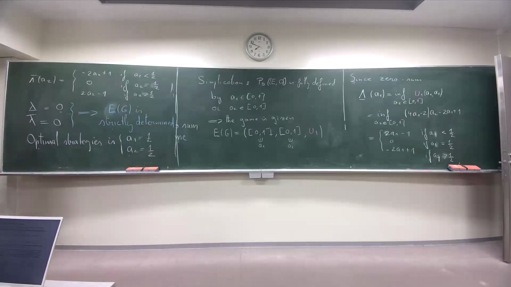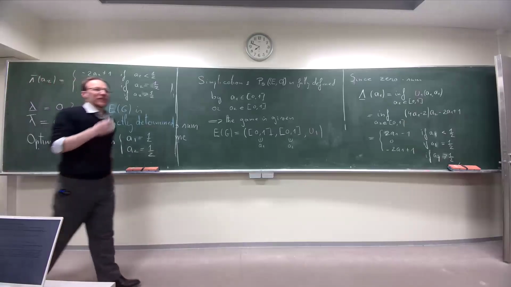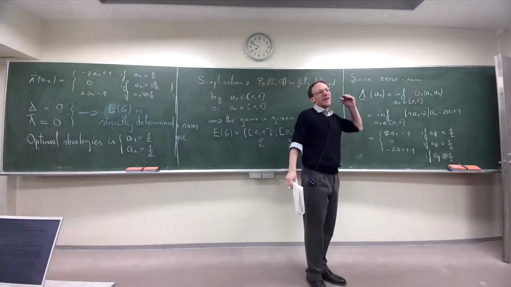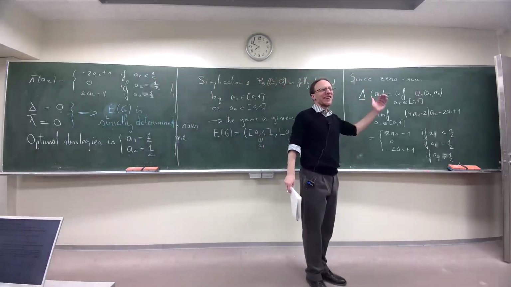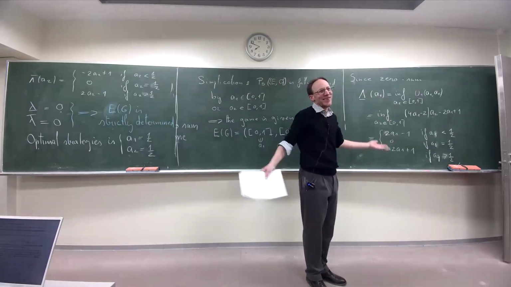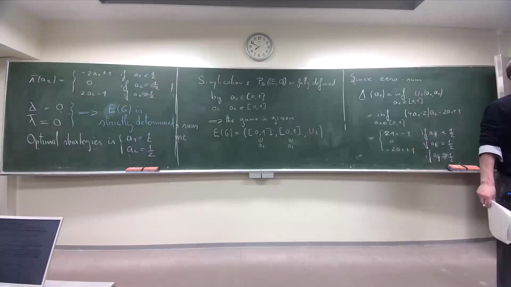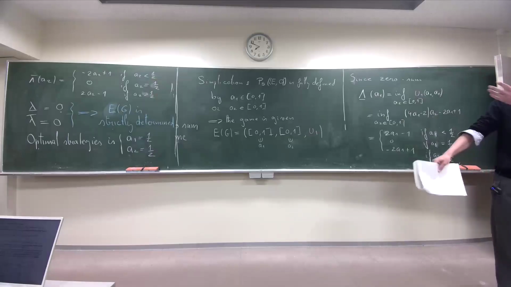I told you you are going to be disappointed. We did everything, and what we obtain is that for each player, you had better play half of the time even, half of the time odd, which is not so surprising. It's a completely random game. So the best choice you can do is 1/2, 1/2. But we proved it.